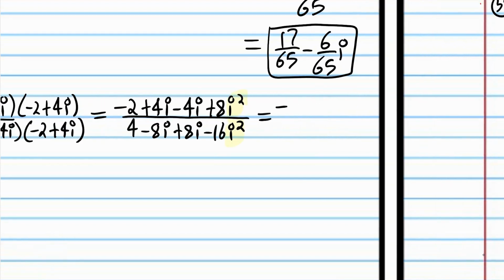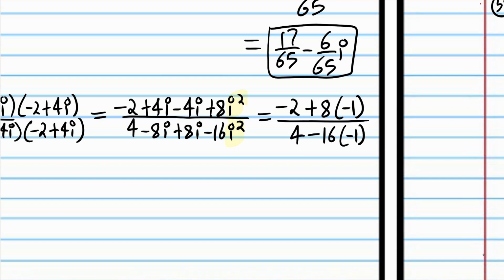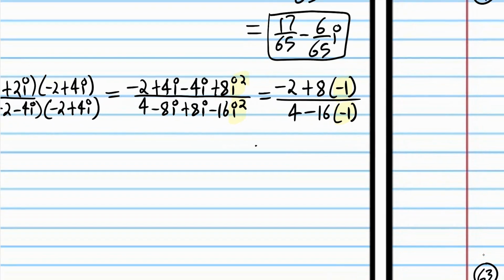And we get negative 2 plus 8 times negative 1, and 4 minus 16 times negative 1. Again, those i squareds change to negative 1s.